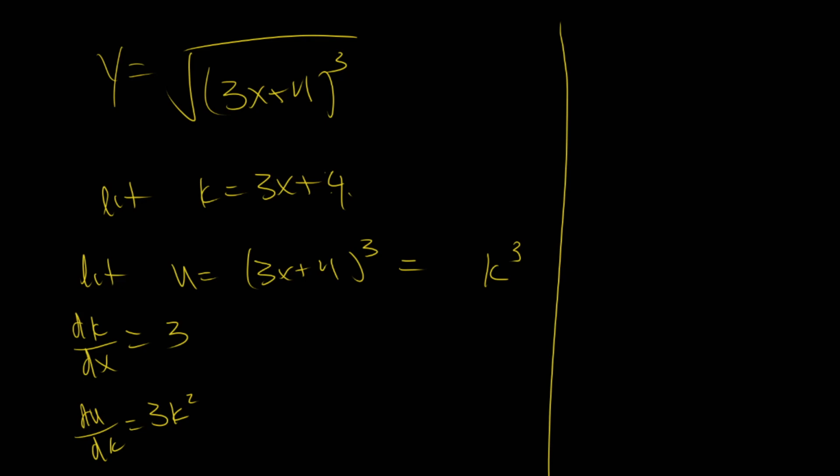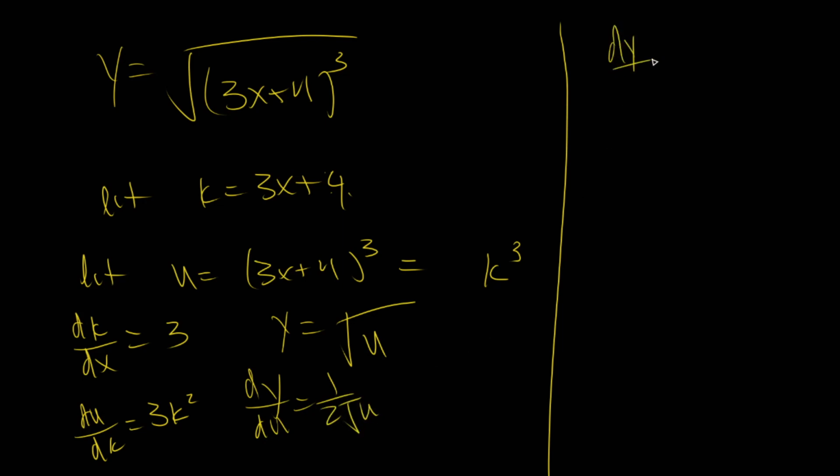So let's just put everything together. y is equal to the square root of u if we substitute it here, and dy over du would equal 1 over 2 root u.